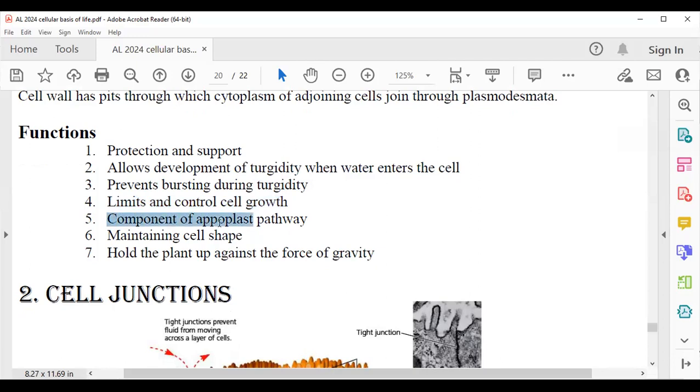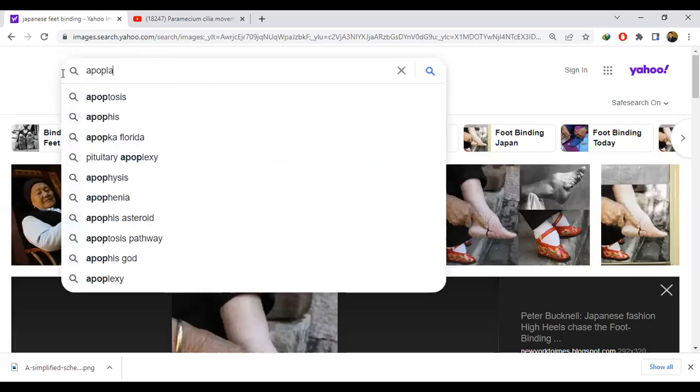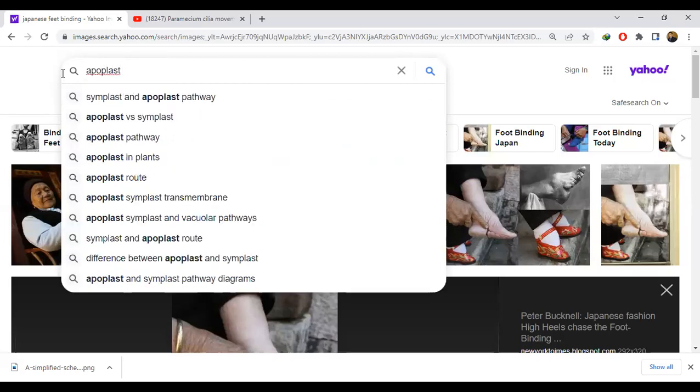Read the fifth one. Components of apoplast pathway. Right? In the plants, there are several methods of water movement.